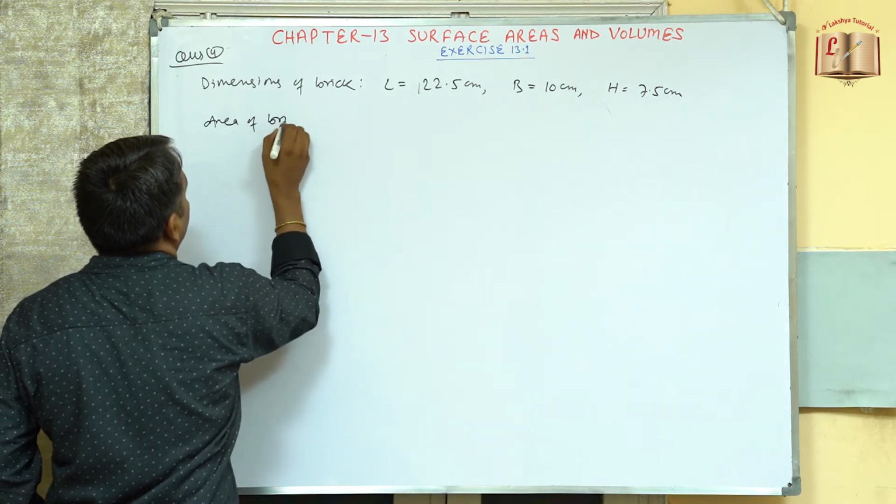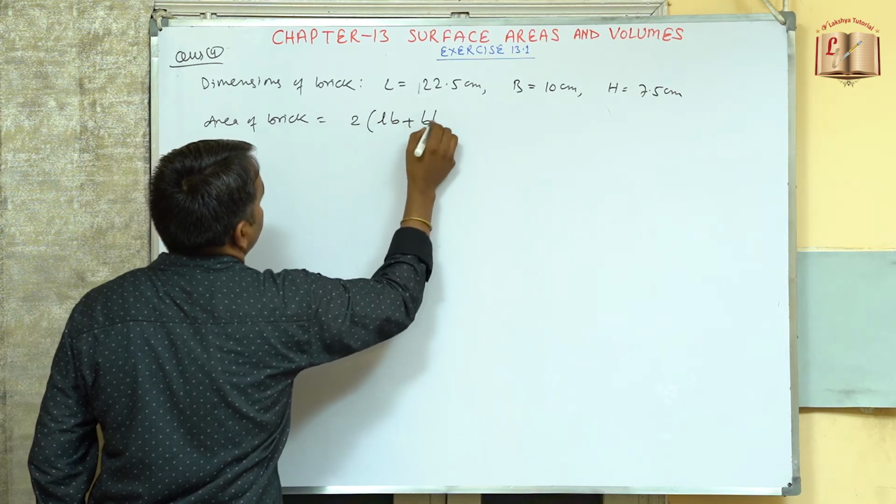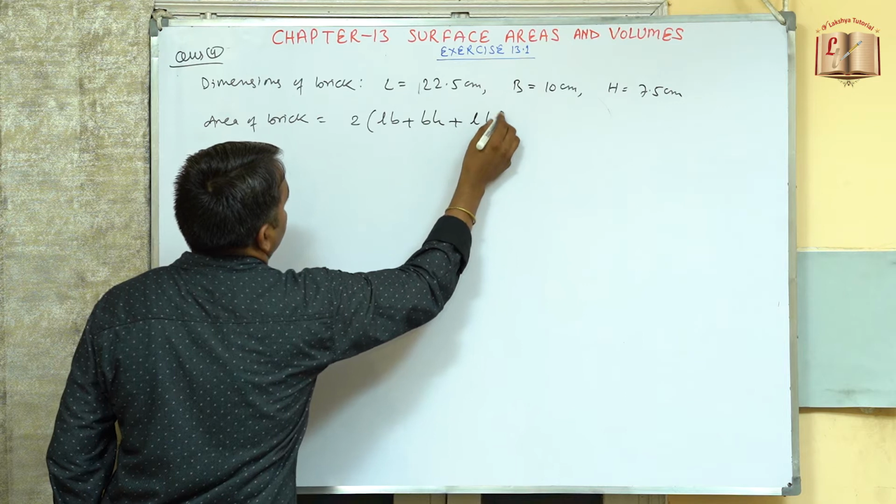Now we can find the area of one brick. Area of brick equals 2 times (LB plus BH plus LH).